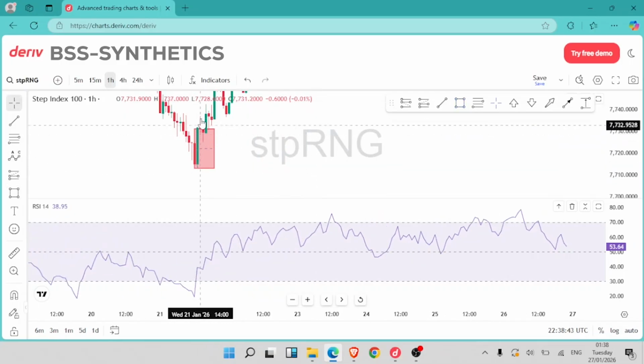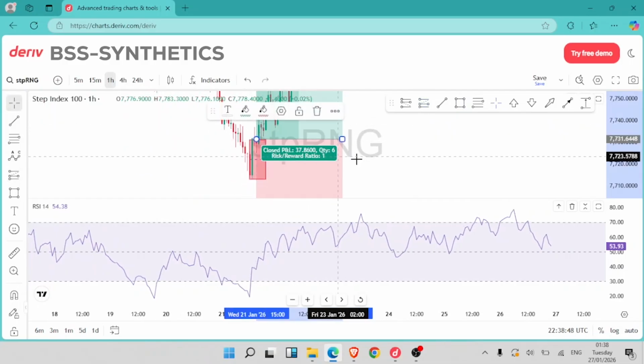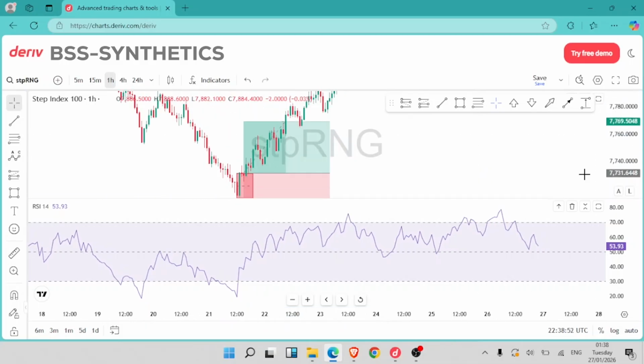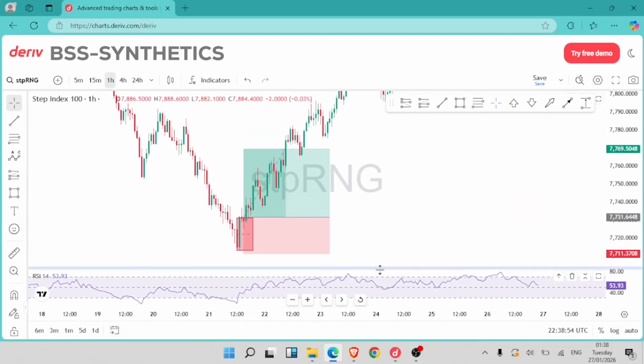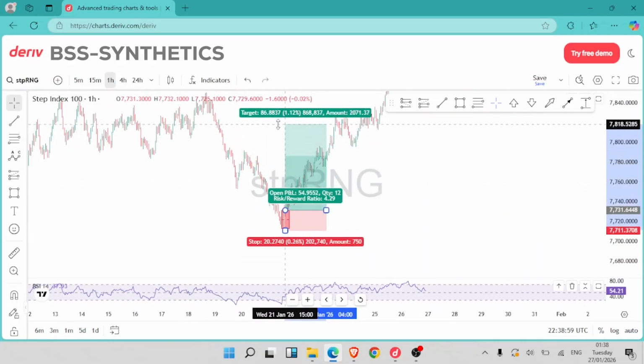Immediately after the formation of this bullish engulfing pattern, you want to take an entry there and target a risk to reward ratio of 1 to 3 or 1 to 4, and this is how you would have taken this trade right here.